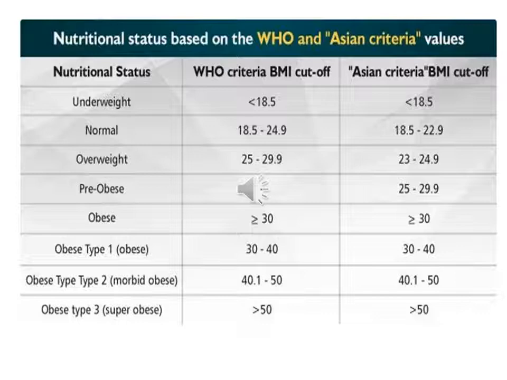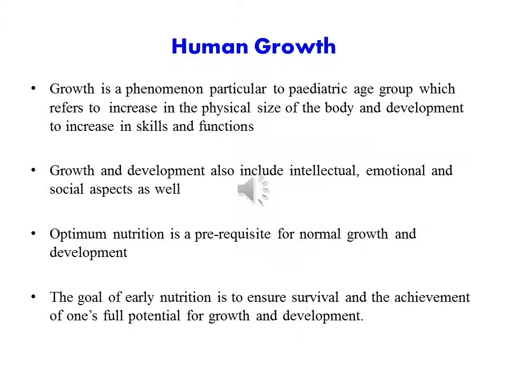So if you can appreciate, both criteria are different. Likewise, the normal BMI ends at 24.9 for the general population, but for Asians it is just 22.9. Any person 23 and above will be labeled as overweight in Asians, but if they belong to any other race, they will be considered normal till 24.9. Likewise, it is different for other categories of BMI.